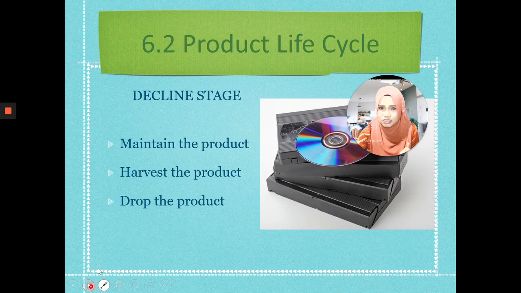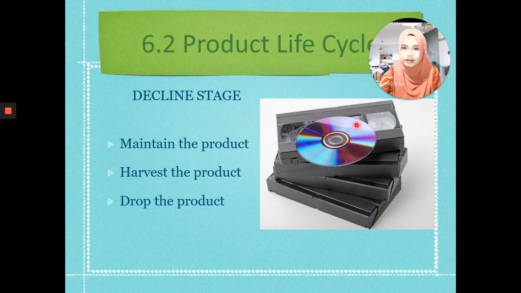But then again, like a life cycle, it has to end somehow or other. Of course, a lot of companies don't want to end their product, but no matter what, because of technology changes, especially as you can see in this particular picture, who will actually buy this? Do you even know what these are? These are video tapes.